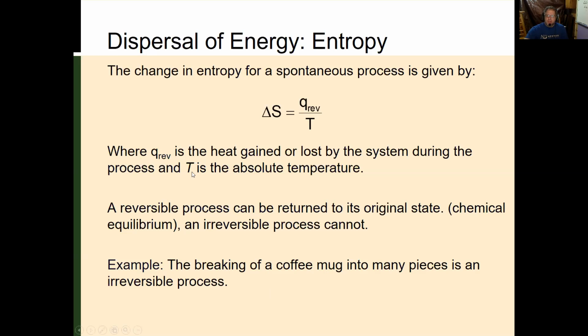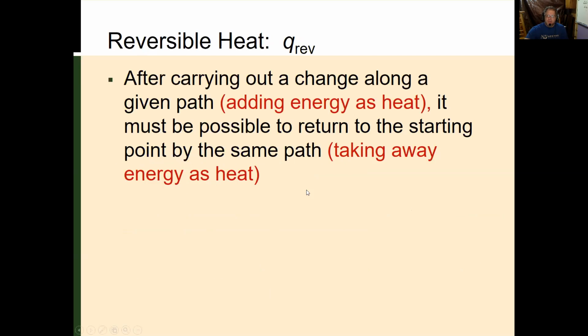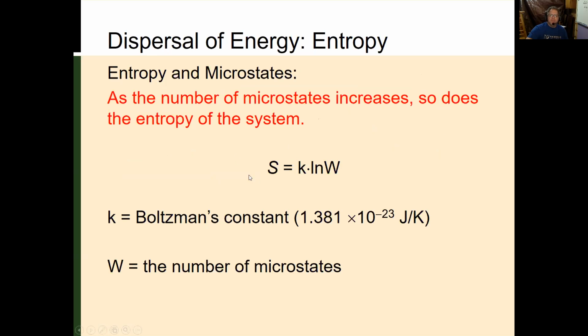So this Q reversible is more of a theoretical ideal. We can approach the ideal and get some measurements out of it. So again, this isn't real. We could take the heat away just as we add the energy. Easier said than done. In everything that we do, we're going to have an increase in entropy of the universe, so it's not really reversible.